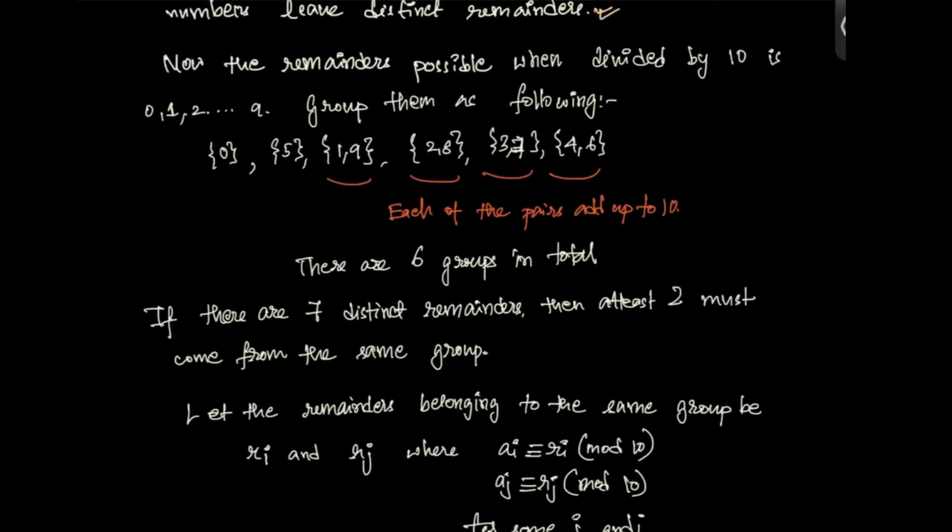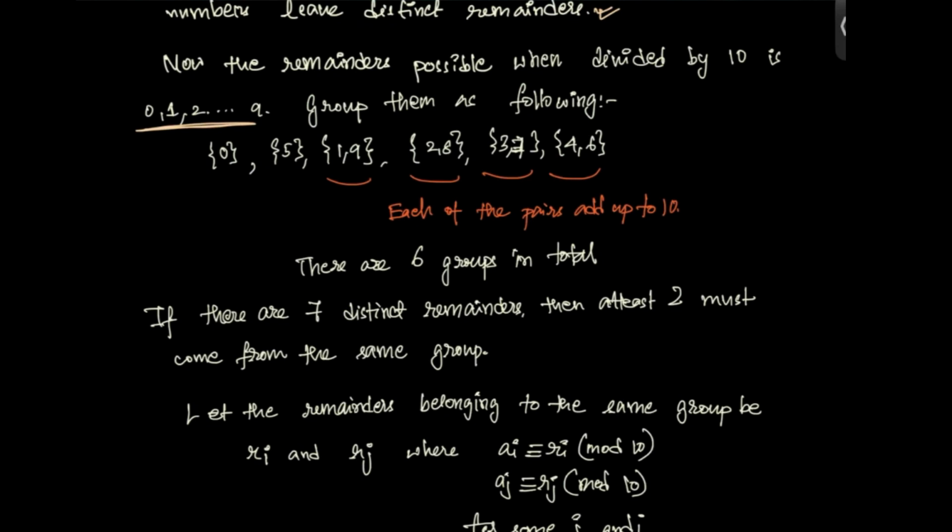We know that when divided by 10, there can only be these 10 possible remainders: 0, 1, 2, all the way up till 9. We can group these 10 possible remainders into 6 sets.